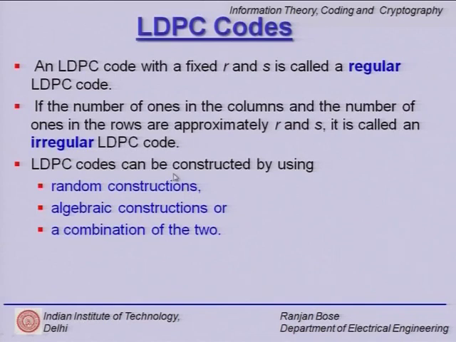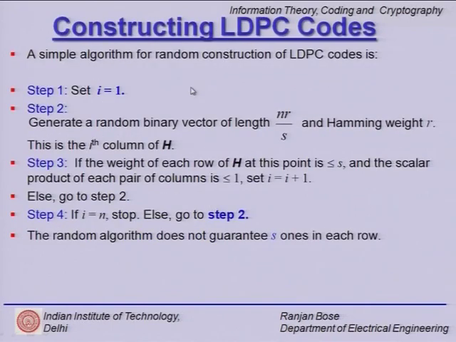But whenever I construct an LDPC code, I first get the H matrix and then I get my G matrix. So, a simple algorithm is given as follows. For random construction of LDPC codes, there are 4 steps in this algorithm. Set i equal to 1. The second step, generate a random binary vector of length n with Hamming weight r.